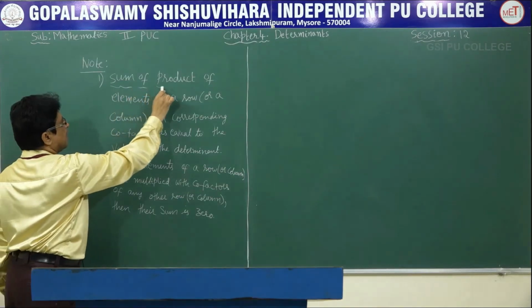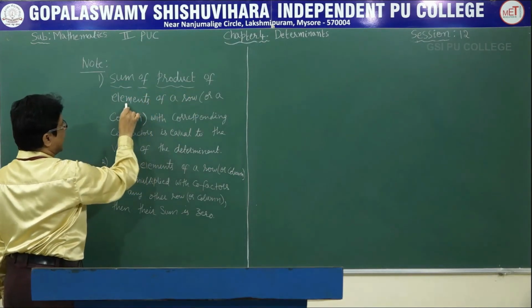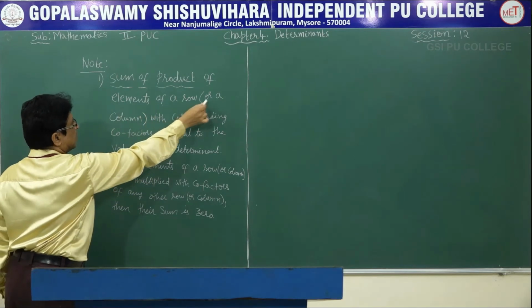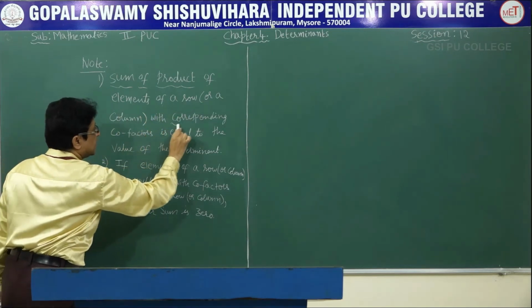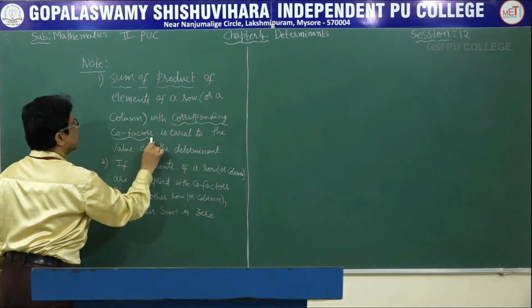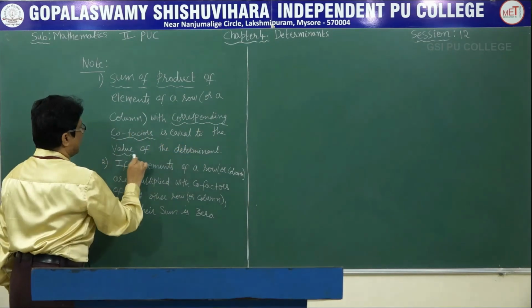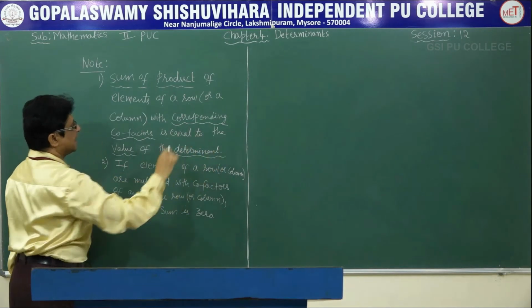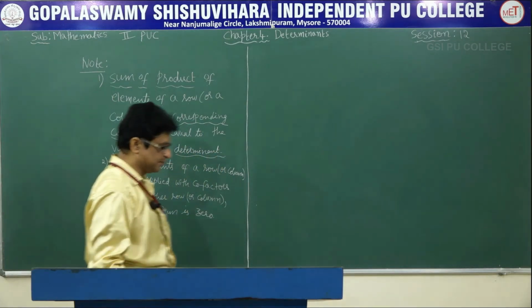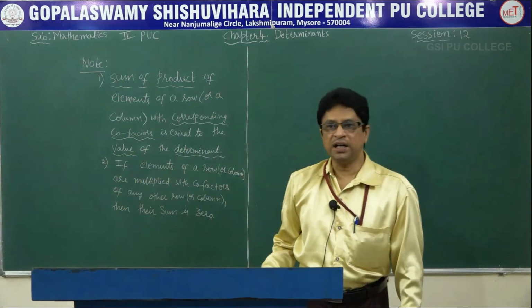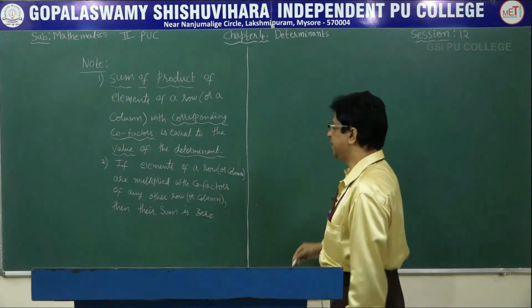Sum of product of elements of a row or a column with corresponding cofactors is equal to the value of the determinant.